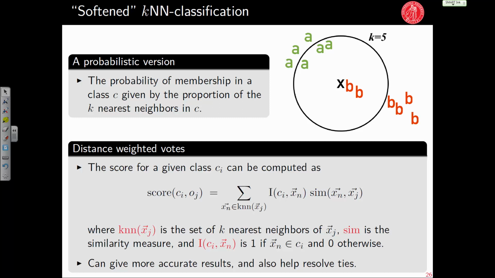If you're looking at class A, we want to make sure that when we compute the score, we are only looking at vectors of class A. And when we compute the score for class B, we make sure the vectors are of class B.